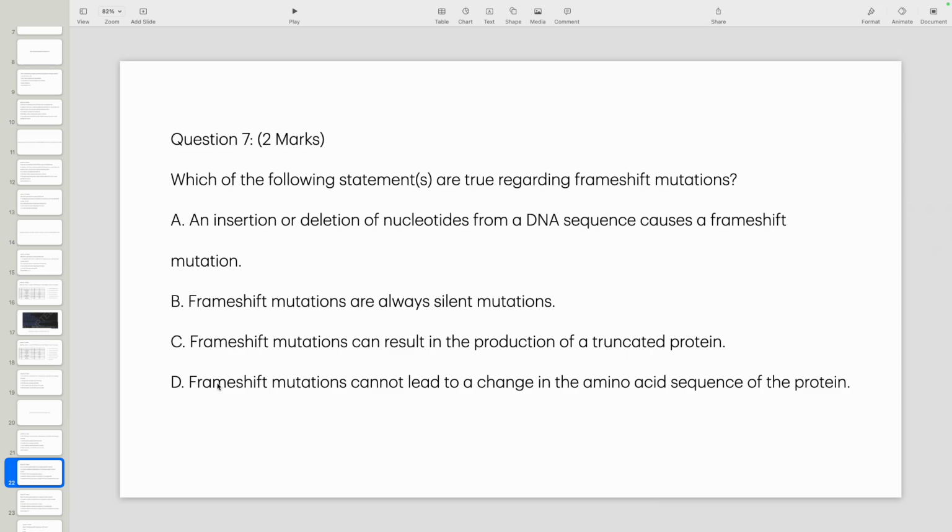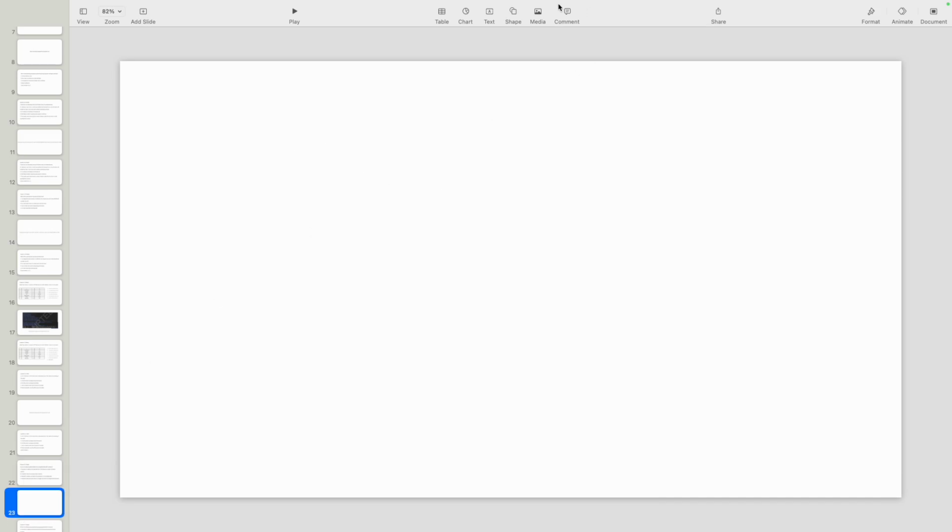The D option is frame shift mutation cannot lead to a change in the amino acid sequence of the protein. Yes, they do change the amino acid sequence if the new codon, because of the frame shift, is coding for a different amino acid.